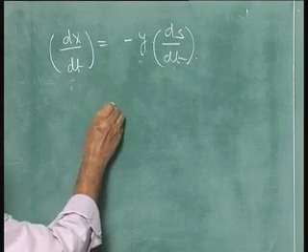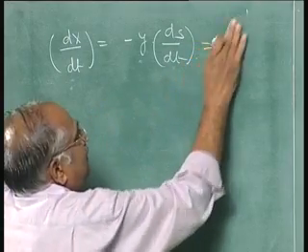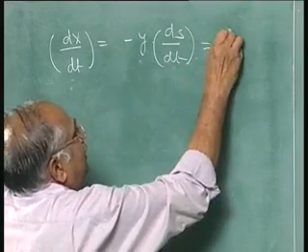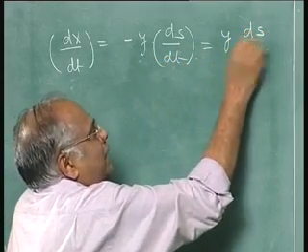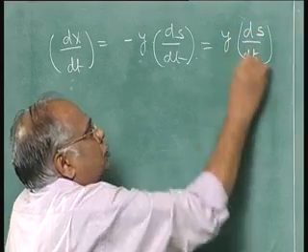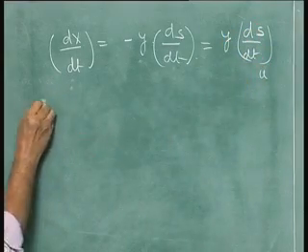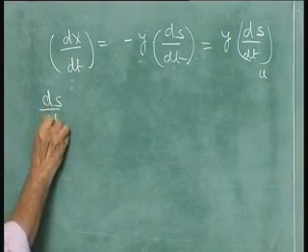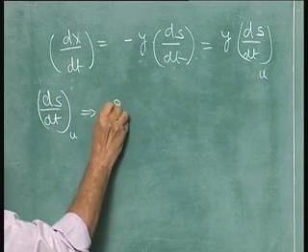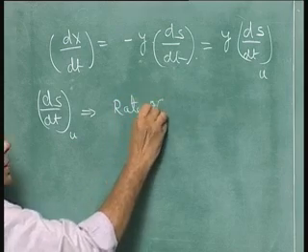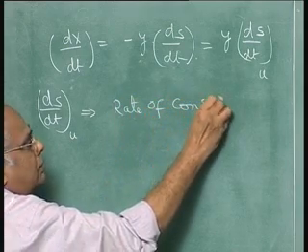Now this equation is sometimes written differently. Instead of the negative sign, I can take it inside and write ds by dt utilized. ds by dt u is the rate of consumption or utilization of substrate.